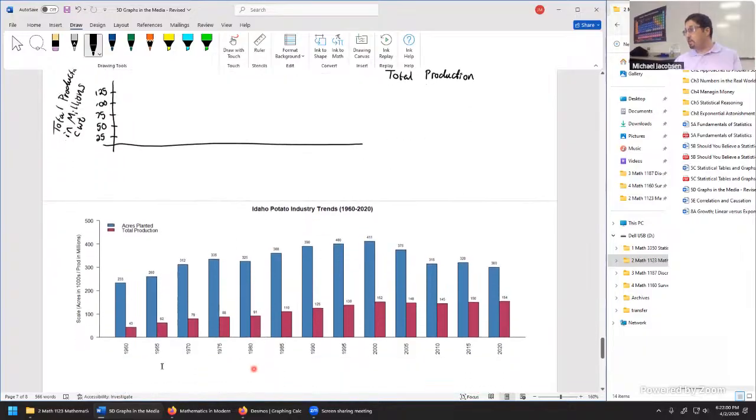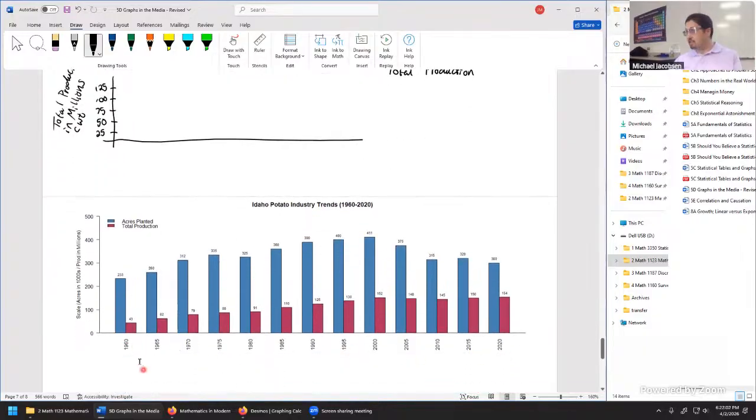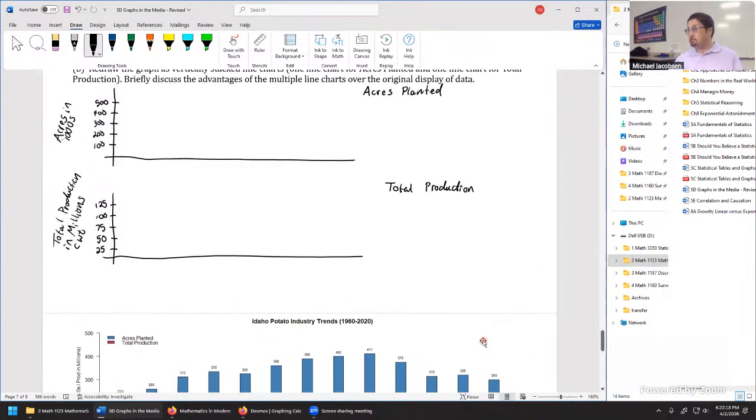Now we just need to put in the common horizontal scale. We would need 13 tick marks on both of them. So let's put those in. I miscounted, possibly.